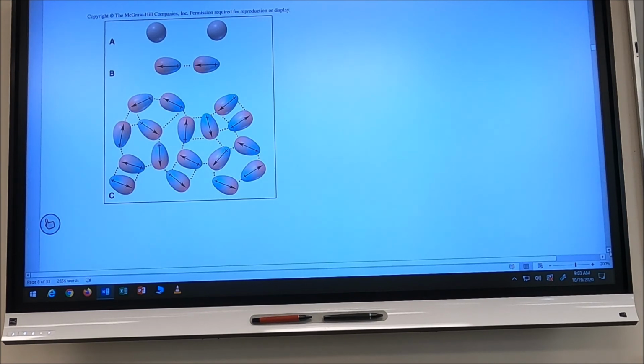Everything has a London force or dispersion interaction. To have dipole-dipole, you have to have a polar molecule, one that has a permanent lopsidedness to its electron distribution. And to have hydrogen bonding, you need to have a hydrogen bonded to an oxygen, nitrogen, or fluorine that has lone pairs on it.